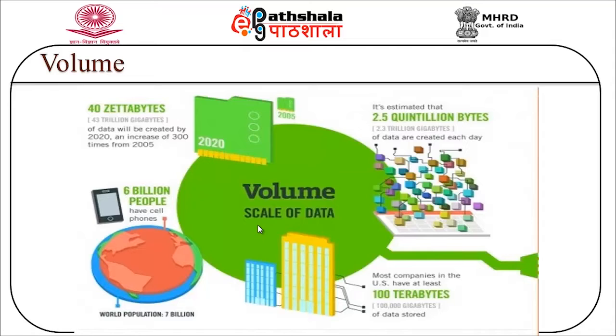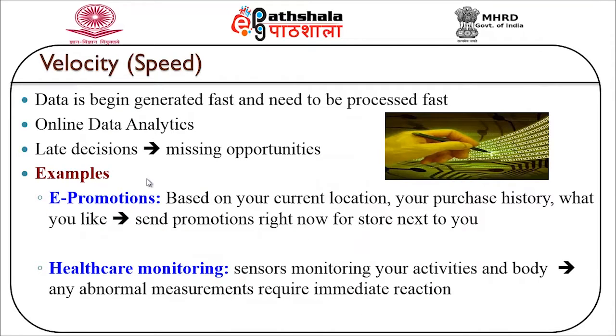It is also estimated that about 2.5 quintillion bytes of data are created each day, and most companies in the US have at least 100 terabytes of data stored. This is the huge scale-up of data predicted by the year 2020.